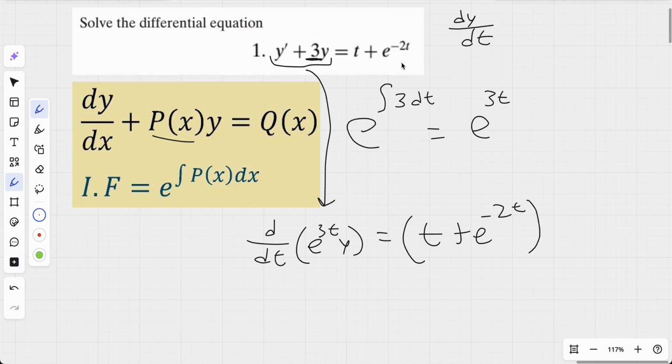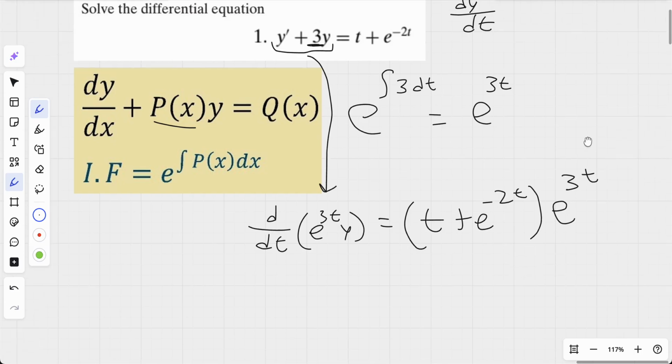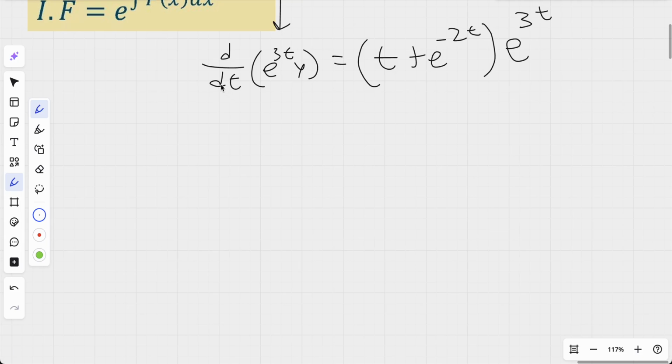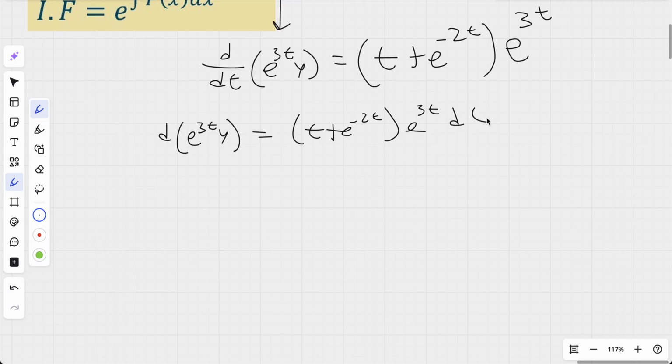So this term stays the same, but we multiply it by the integrating factor. Then we can multiply this dt to this side. So we end up getting d of e to the 3t y, equals 3 plus e to the negative 2t times e to the 3t dt.